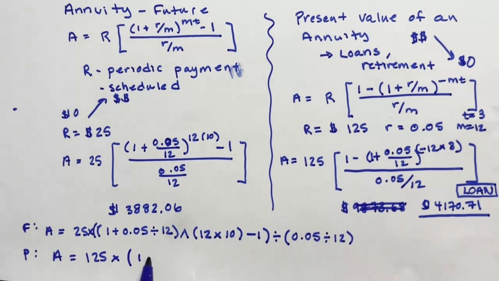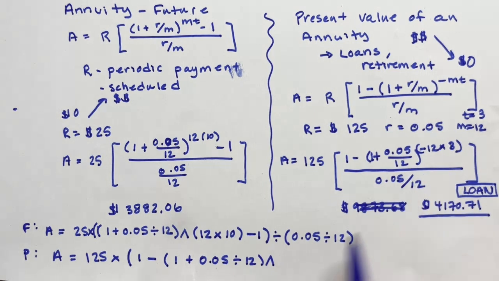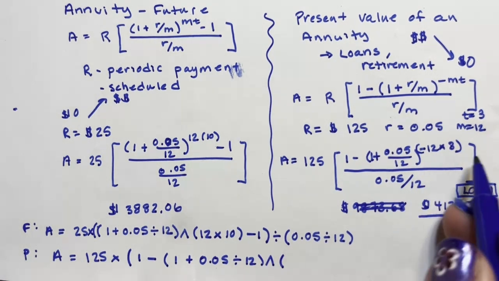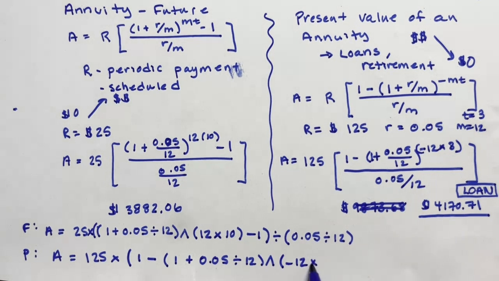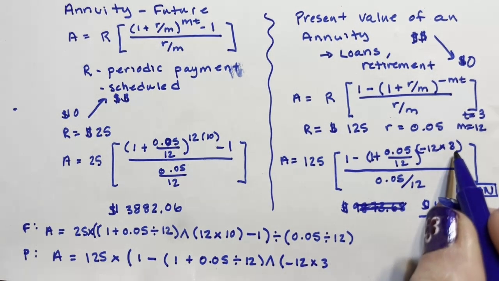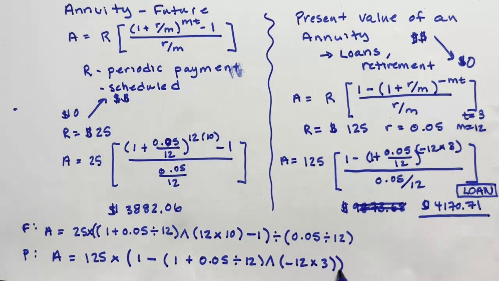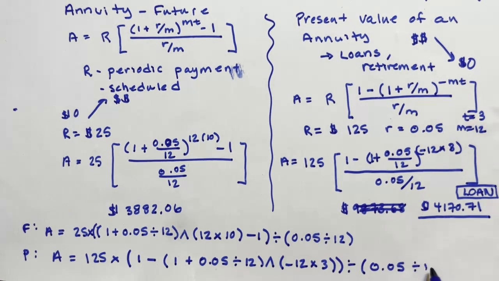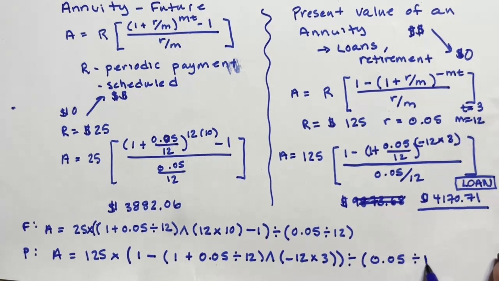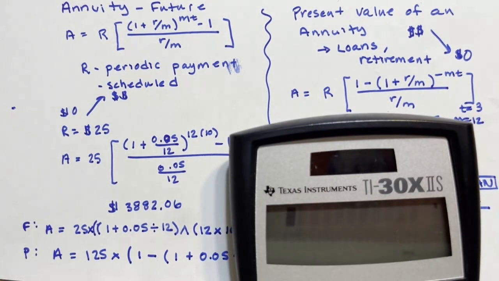Then 1 minus parenthesis 1 plus 0.05 divide 12 caret. Now we need parenthesis for the exponent, negative 12 times 3, close parenthesis for the exponent, close parenthesis for the numerator, divided by denominator, 0.05 divided by 12, close parenthesis.